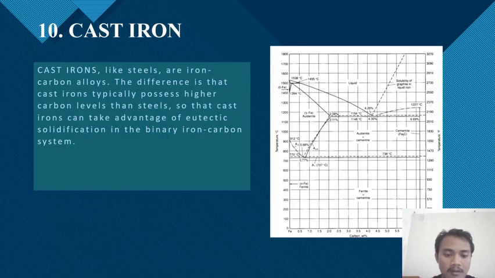Cast irons, like steel, are iron-carbon alloys. The difference is that cast irons typically possess a higher carbon level than steel, so cast iron can take advantage of eutectic solidification in a binary iron-carbon system.